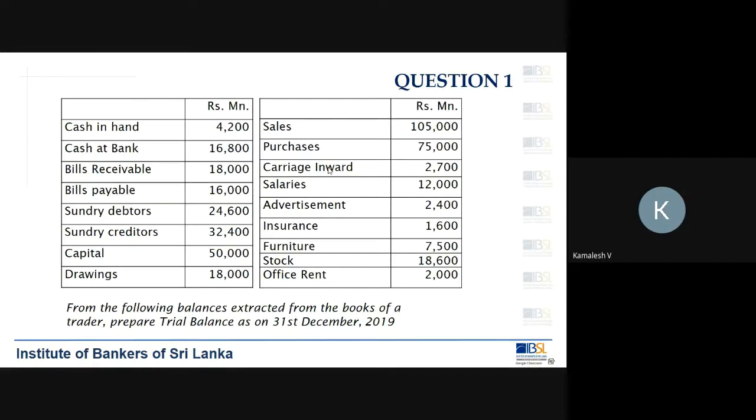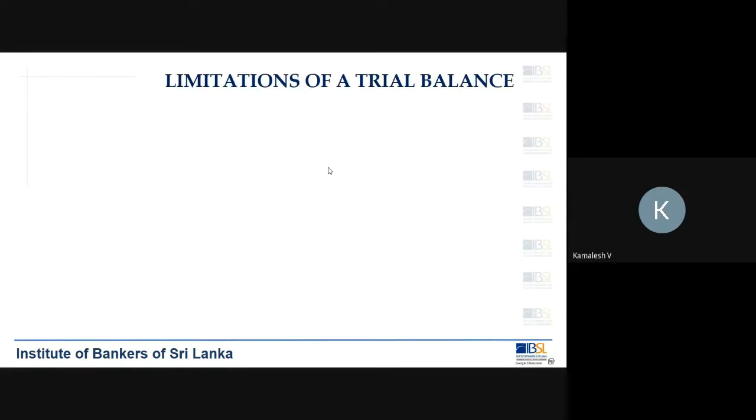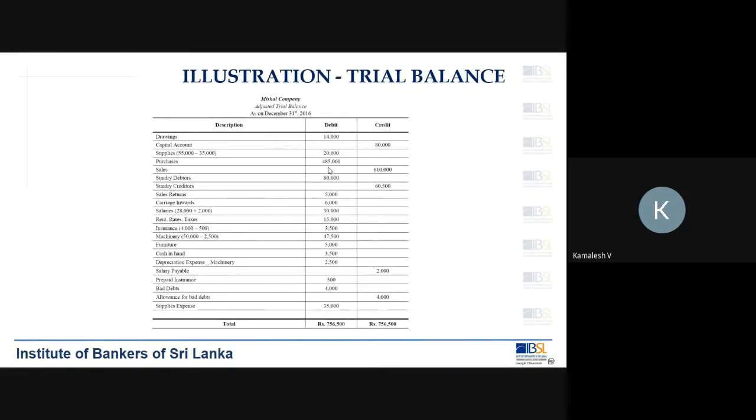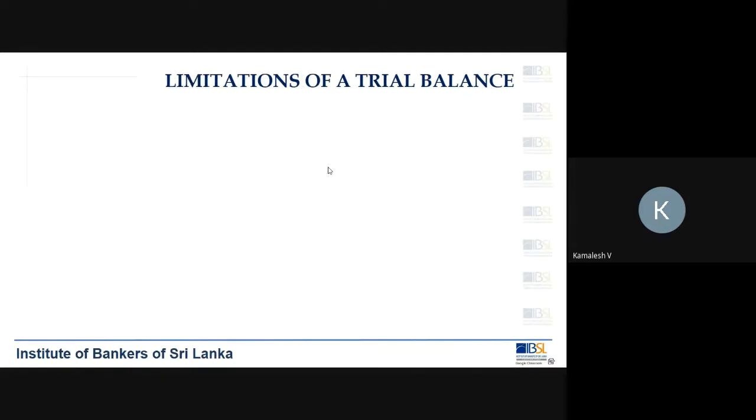The template would be like this one, where you have to say the company name, then trial balance as of when, and then the description, debit and credit, and then you will put the list. So see whether you can do it quickly.